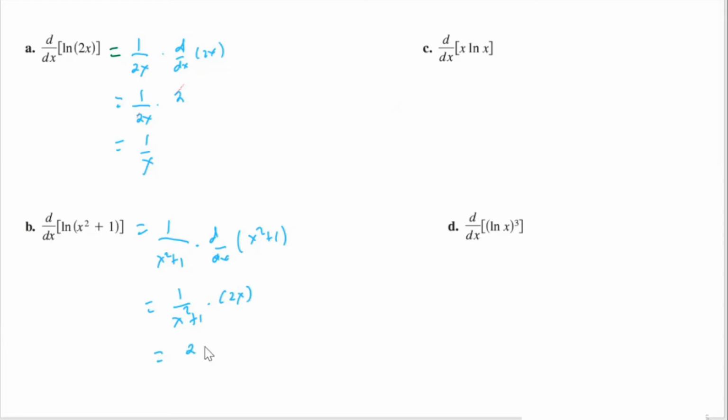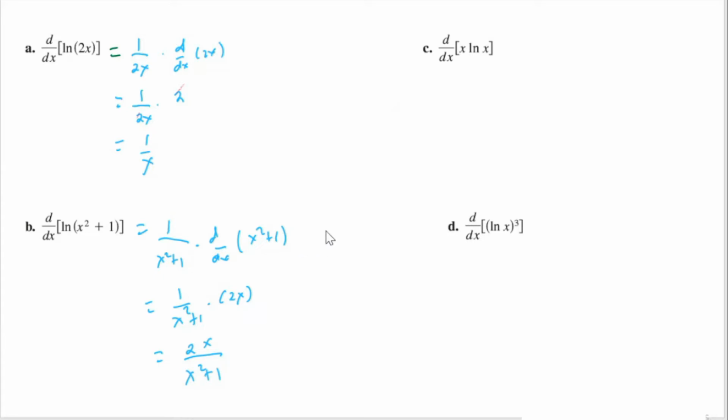So this can be written as 2x over x squared plus 1. In that case, class, we cannot cancel x here because the numerator is a monomial and the denominator is a binomial. So therefore, the answer is 2x over x squared plus 1.